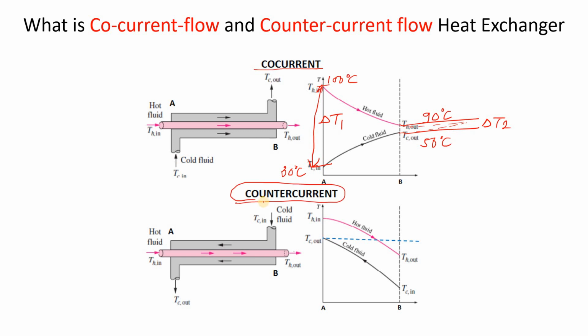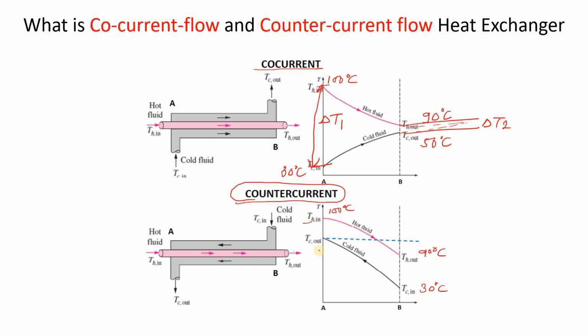Now let's see what happens in the counter current flow. In a counter current flow, this is your hot fluid in, and let's suppose the temperature is also 100 degrees Celsius and the hot fluid out temperature is 90 degrees Celsius. Now your cold fluid will enter from the opposite end, and its temperature is 30 degrees Celsius.